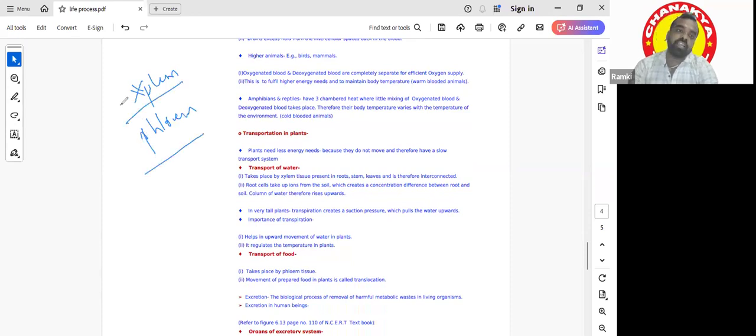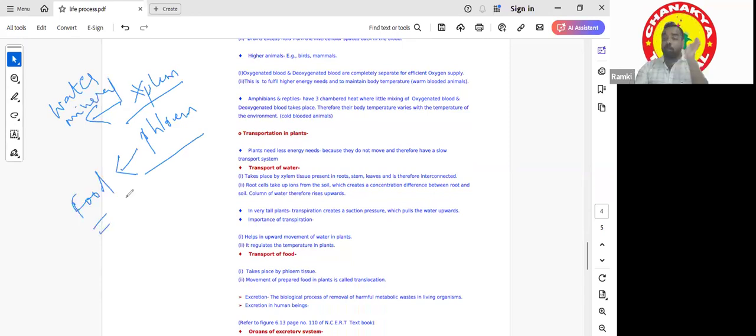What is the function of xylem? It transports water and minerals. What is the use of phloem, dear? It transports food material. What are the components present in xylem? Anyone?